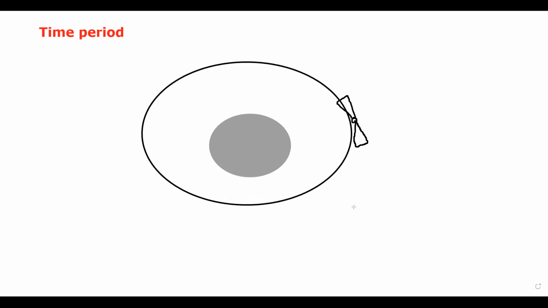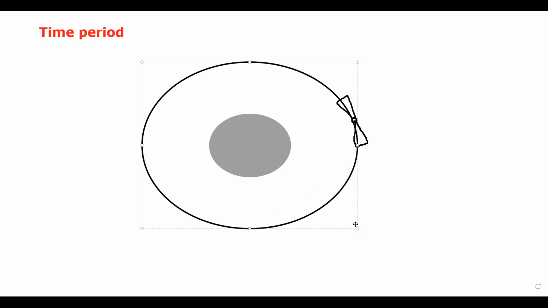This satellite is revolving around the Earth, and the distance from the center of the Earth to the satellite is r. Basically, r is the radius of the Earth plus the height above the Earth's surface. So Re plus h is equal to r.